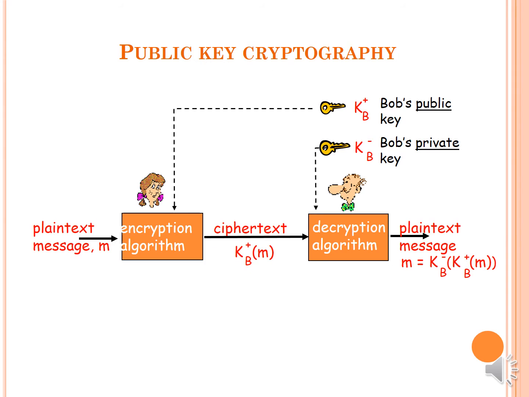In public key cryptography, we have a pair of keys for each user. One is the public key and one is the private key. The public key is known to everyone, so the user can encrypt the message using either the public key or the private key.